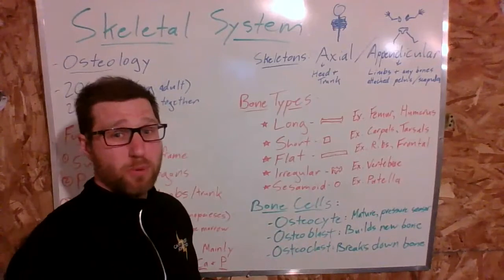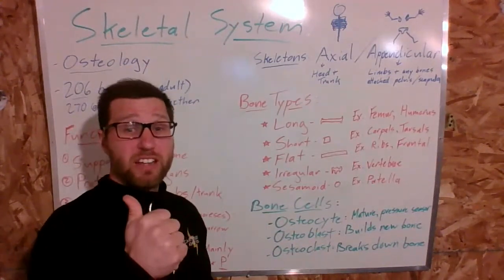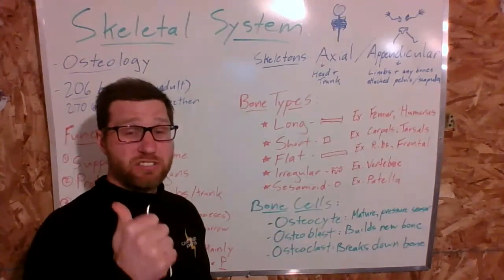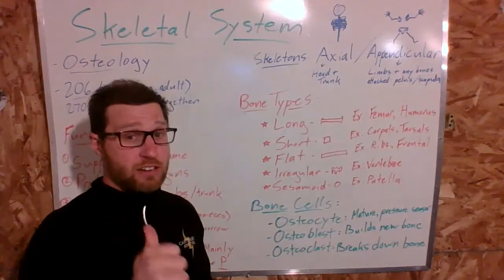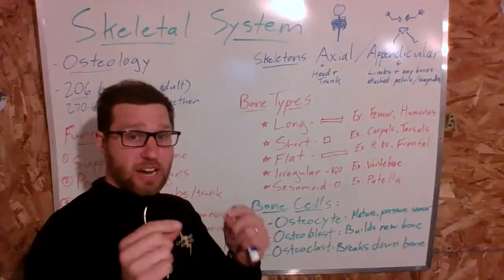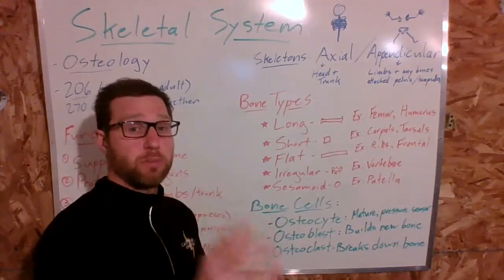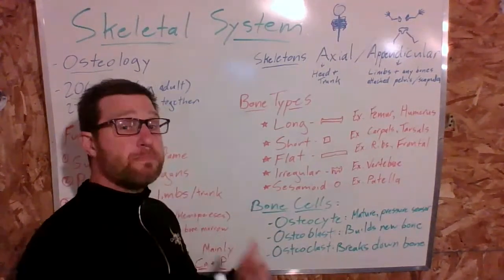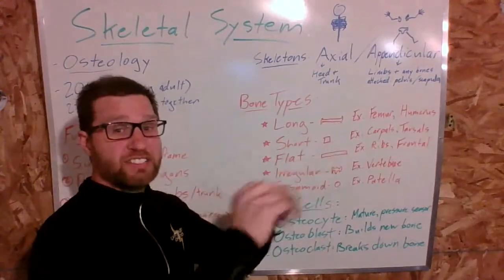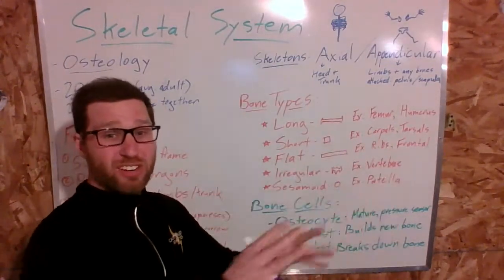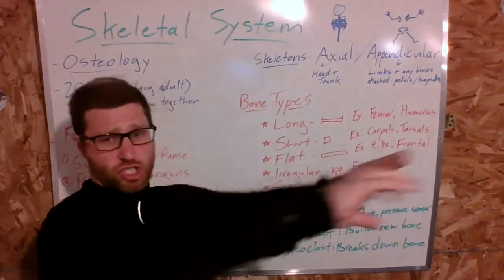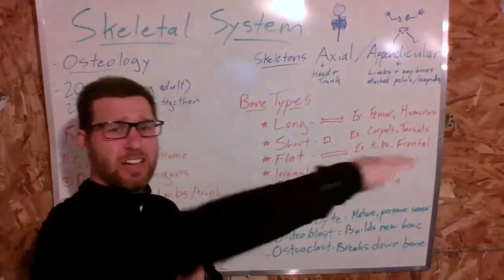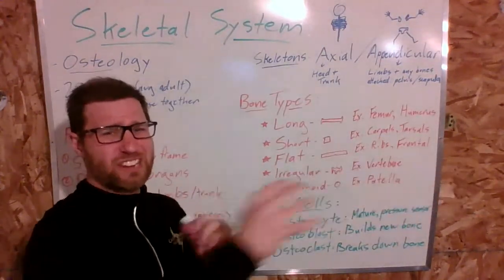Why would it break down bone material? Remember, we said if your body needs the minerals that are contained in your bones, then it'll tell your osteoclast to come by and break down a little bit of your bones to release some of those minerals. Also, when you are remaking your bone, when your osteoblast is blasting out that bone material, it really just gives it a blast of bone material, but it's not smooth.